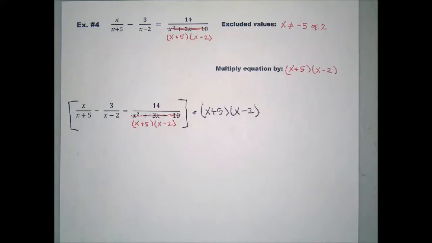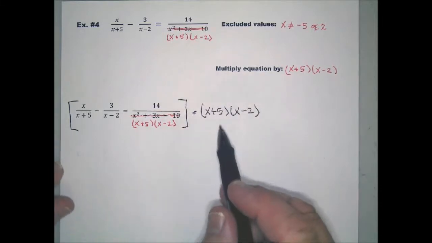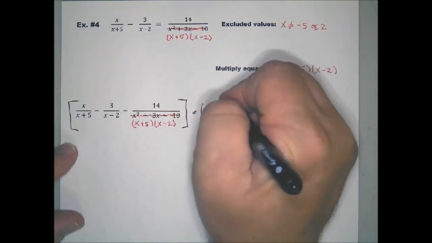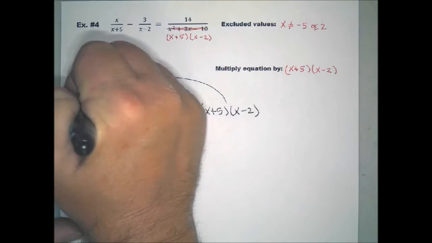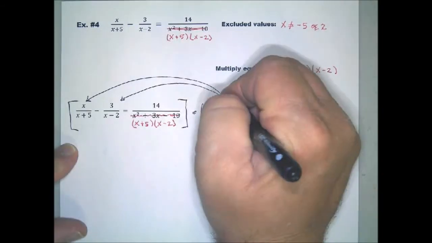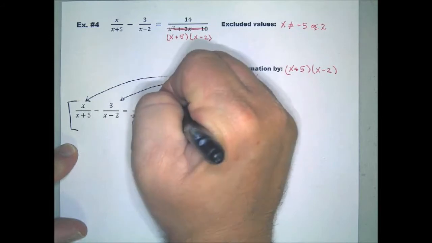Now, I'm not going to do it as slowly as I did on example number 3. We just need to know that this goes here, and it goes here, and it goes here.